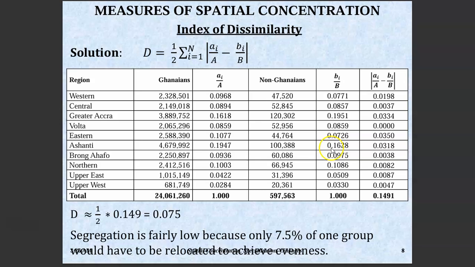When you are done, you do the same thing for non-Ghanaians, so that will be the population of non-Ghanaians over the entire population of non-Ghanaians in the whole of Ghana. This is just for Western region, and the total here is for the whole of Ghana. So you take the population of that particular sub area and divide it by the total population of all the areas combined. You do that for A and you do that for B.